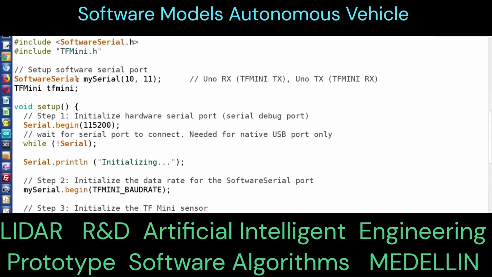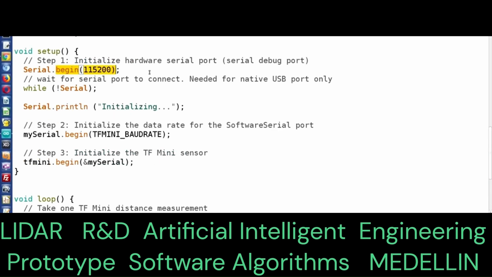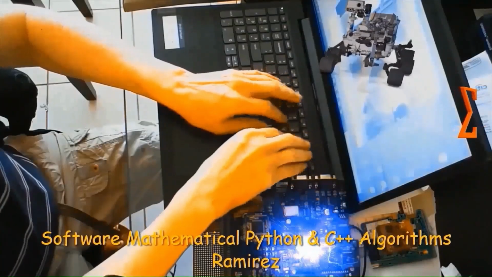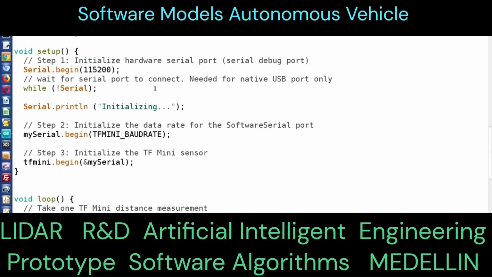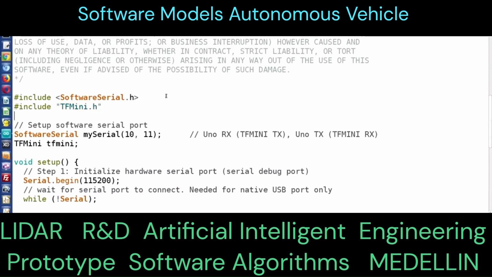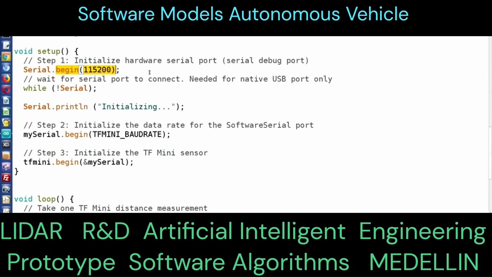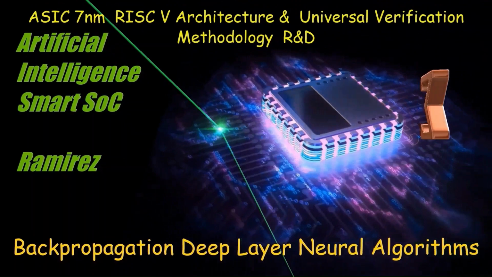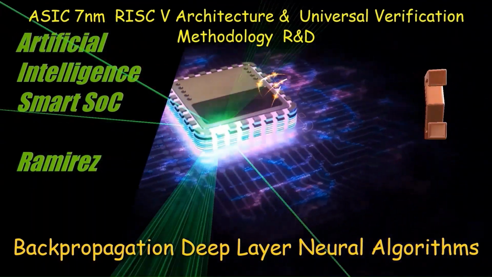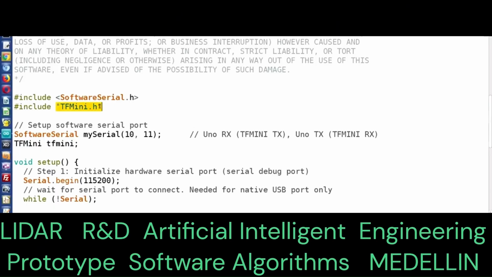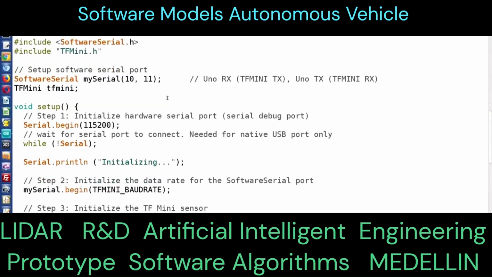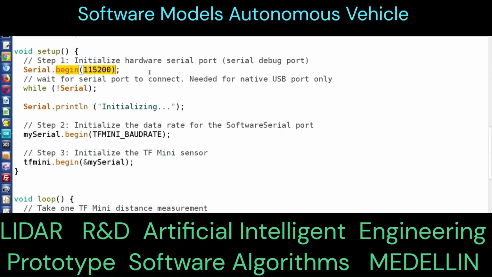Now let's set up the software serial ports. In the void setup of the script, initialize the hardware serial ports, that is the serial debug port, and serial begins at 115200. Wait for the serial port to connect, the USB port.